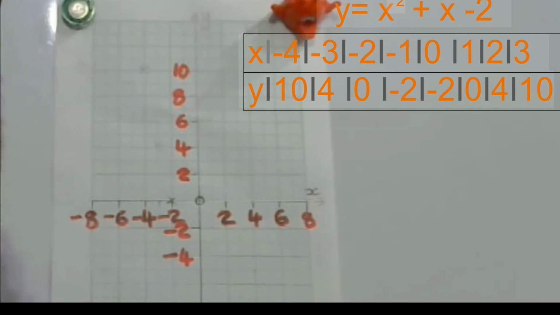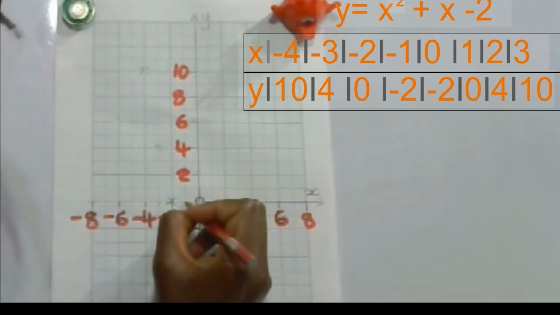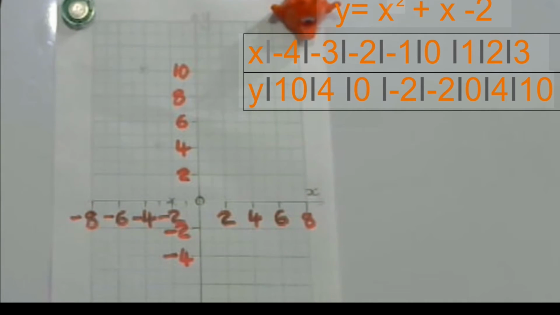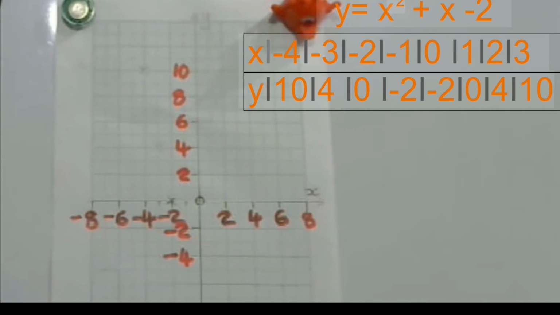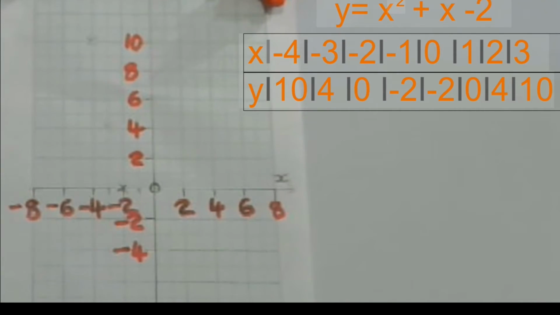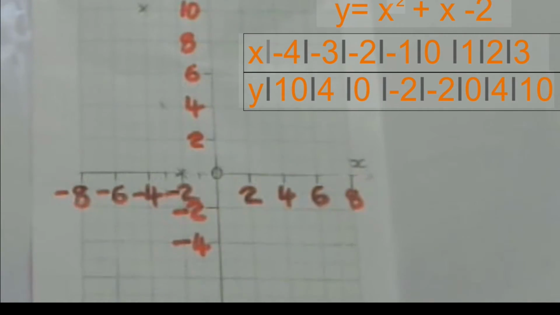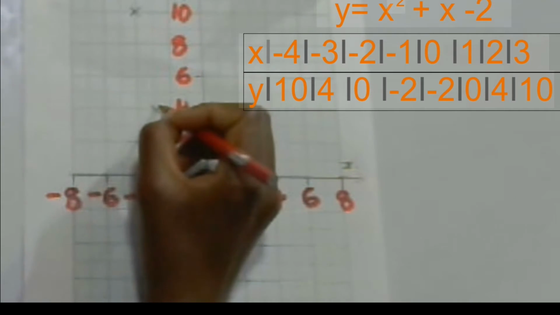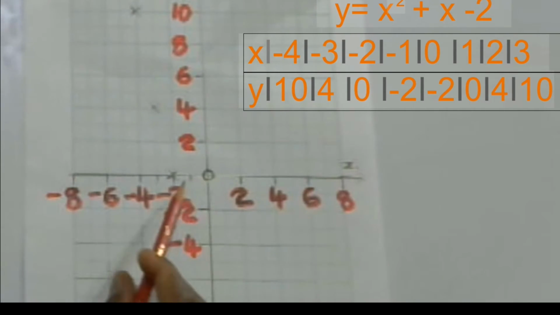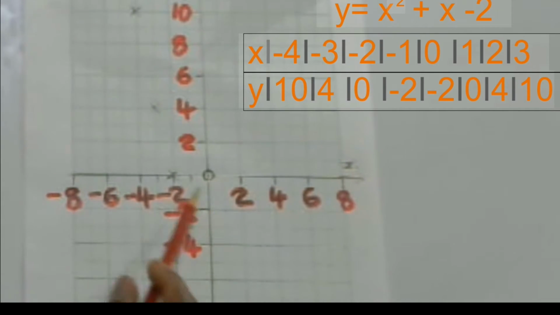So that point is just there. So let's check our fourth point. It's a negative 1. Our negative 1 is between a negative 2 and the 0 there. So our negative 1 is right there, and negative 2.